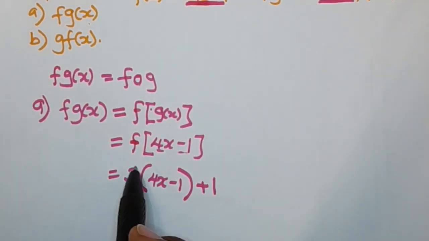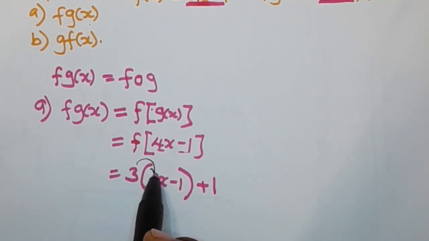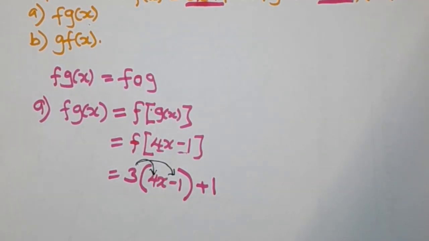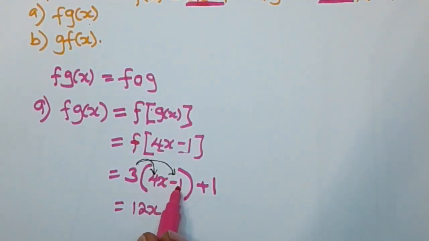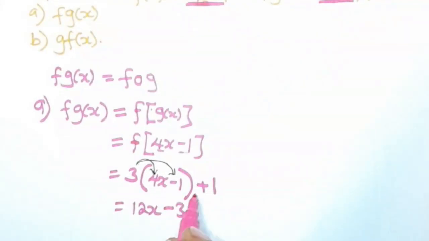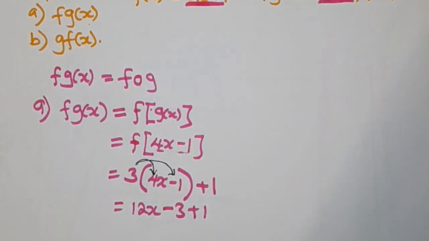We're going to multiply the term that is outside with everything in the bracket. We're going to expand. So 3 times 4x is 12x. 3 times negative 1 is negative 3. Then plus 1.